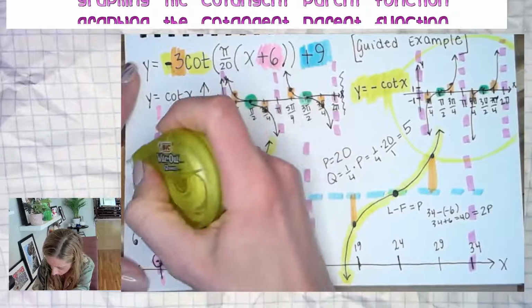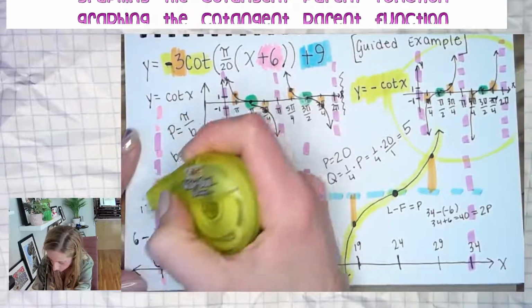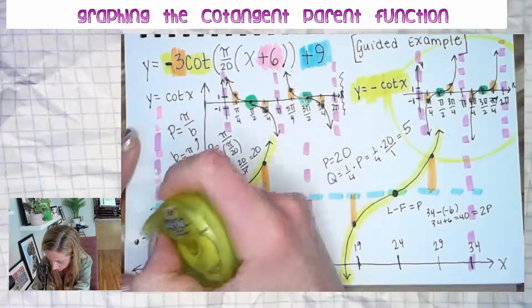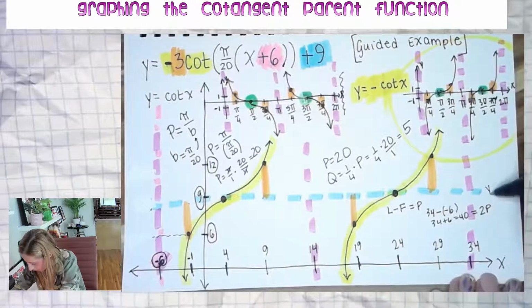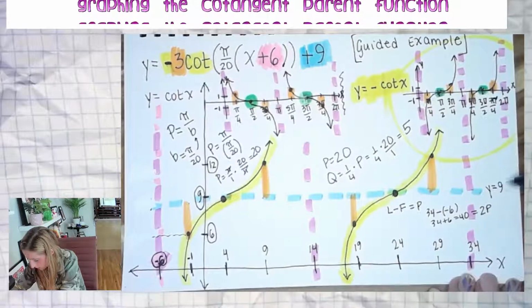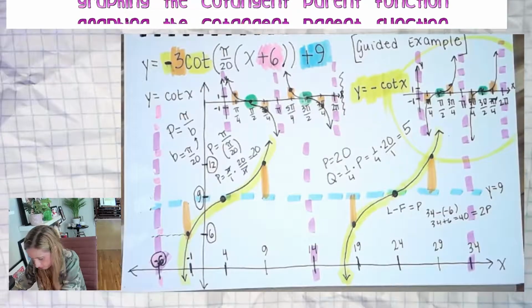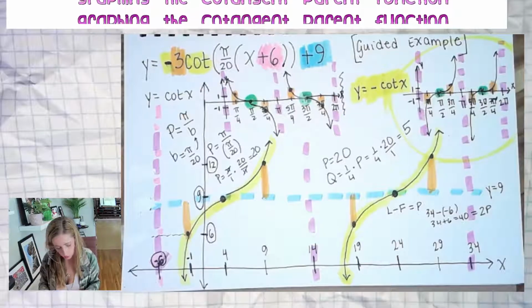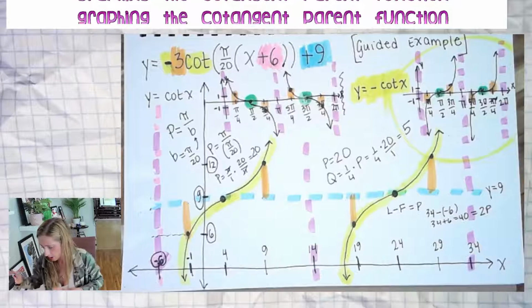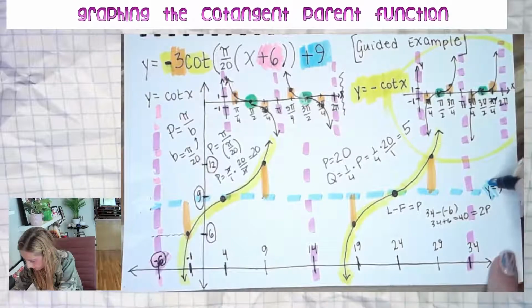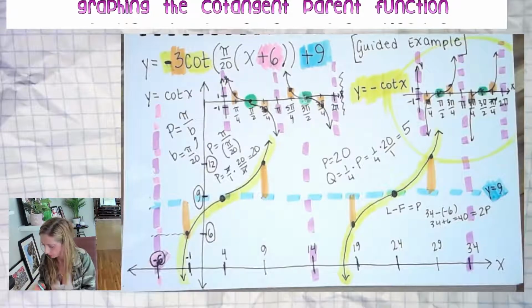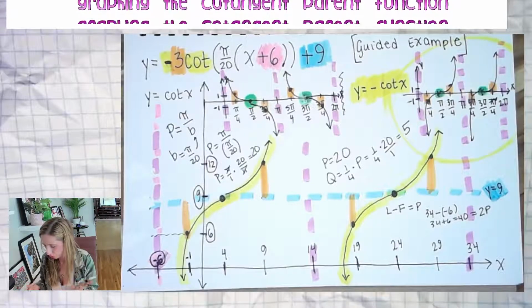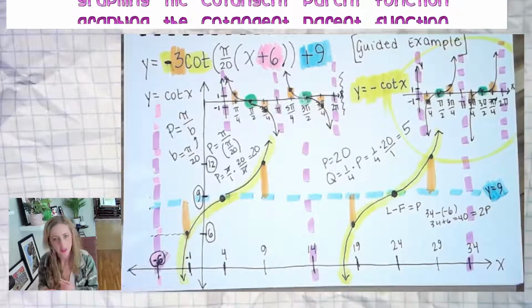I could white these out just to get them a little out of the way. I should have left that, but I'll put it back somewhere. So the blue dashed line as an equation was y equals 9. And I think that's more or less everything we really need, right? I think so.